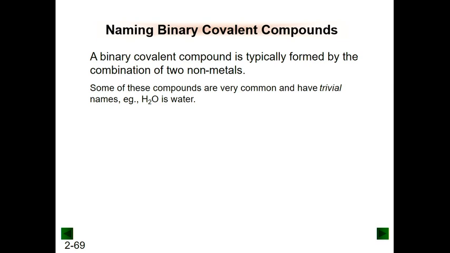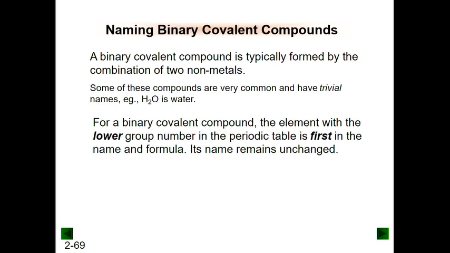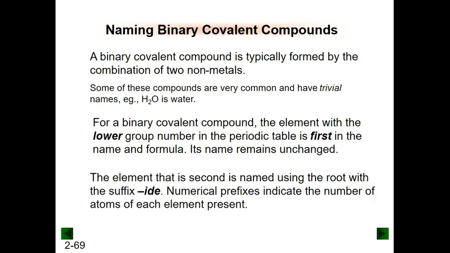The name you have for that is water, and it has been used since forever. But that doesn't happen for most of the other compounds. The element that is second in name uses the root with the suffix ide, like an oxide or a hydride. The numerical prefixes indicate the number of atoms of each element present.